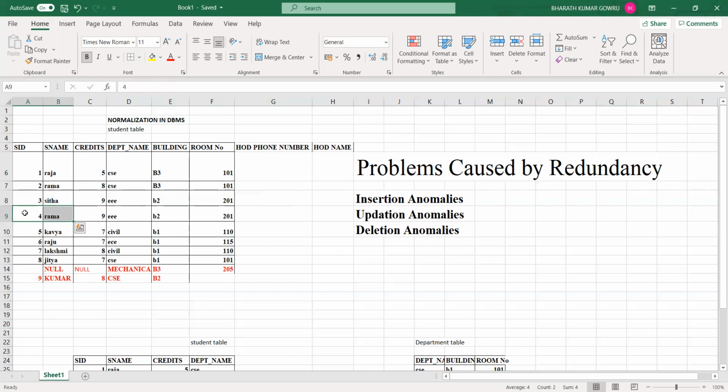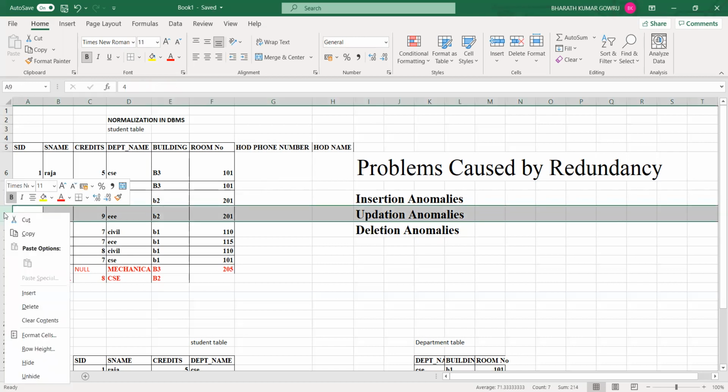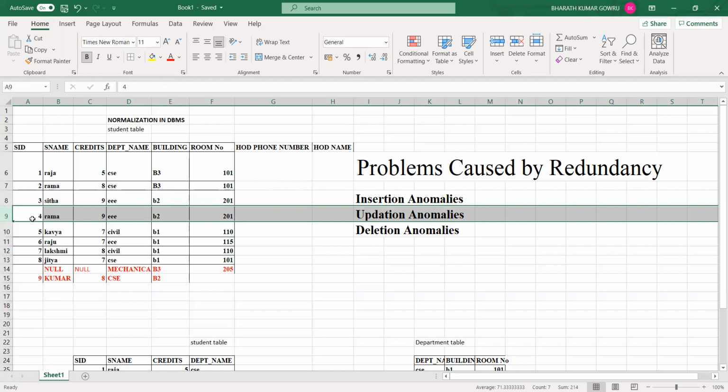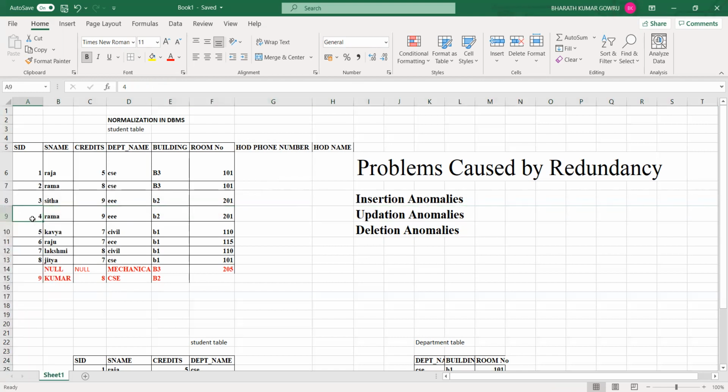In that situation, we will delete all this information, but that is not a good manner, because the department name, building, room number, HOD phone number, HOD name, all these fields of information are available, but the only not promoted student is student ID 4. So the remaining information is also deleted. That is related to deletion anomalies.